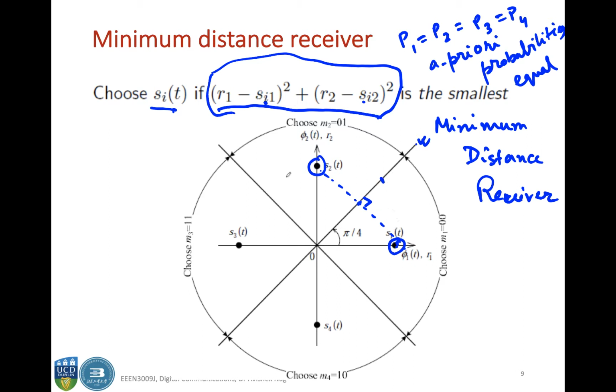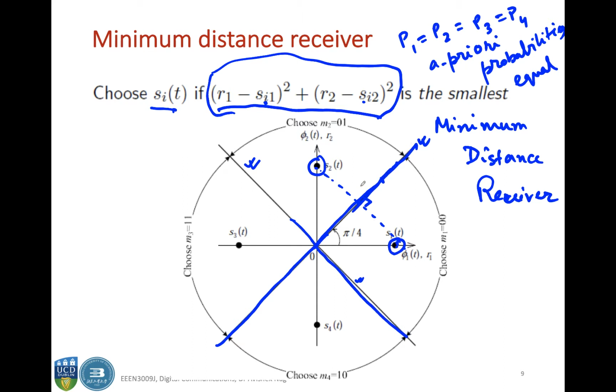Similarly, for S2 and S3, this is the decision threshold. For S3 and S4, this is the decision threshold, and this merges with the decision threshold of S1 and S2. So you just draw a continuous line like this. Similarly, for S1 and S4, this is the decision threshold, which merges with the decision threshold for S2 and S3, so you draw a continuous line here also.